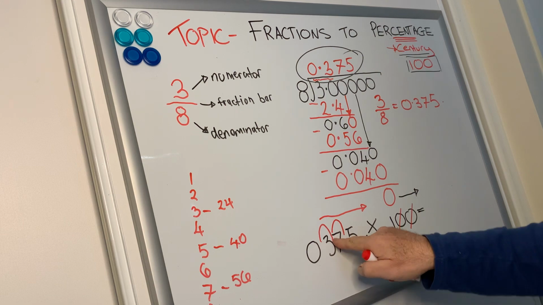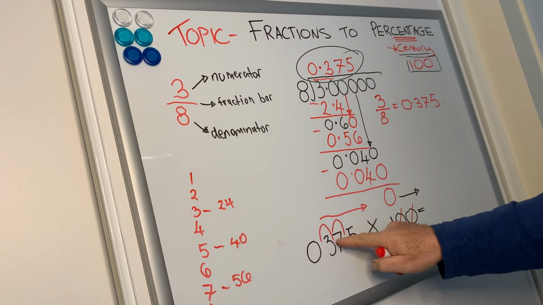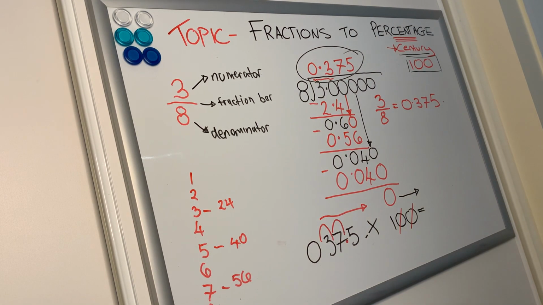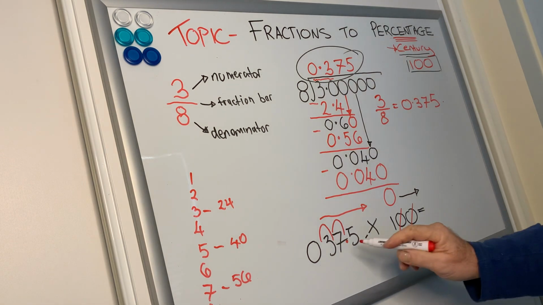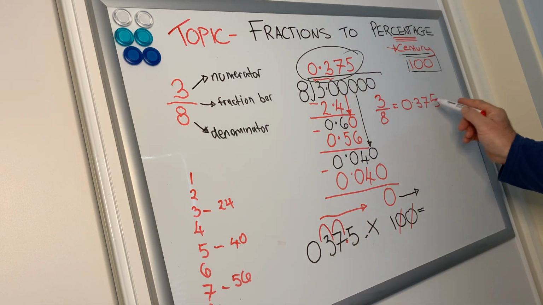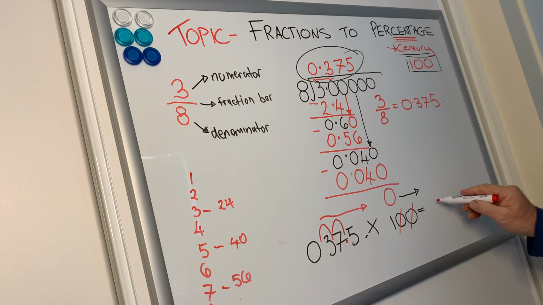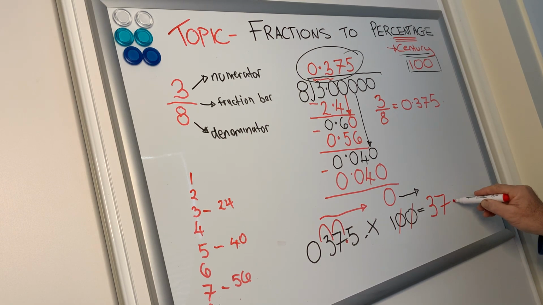Again, I like to remove that so we know where we are. So that means 0.375 times 100 is in fact 37.5% of guests are going to pay this bill.